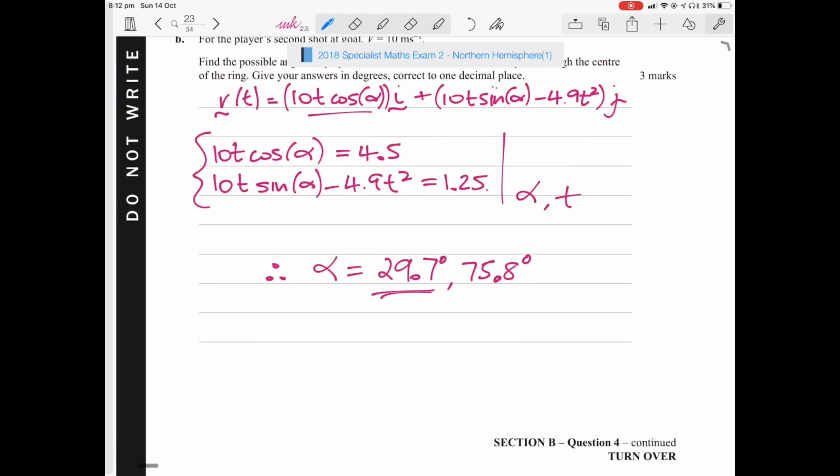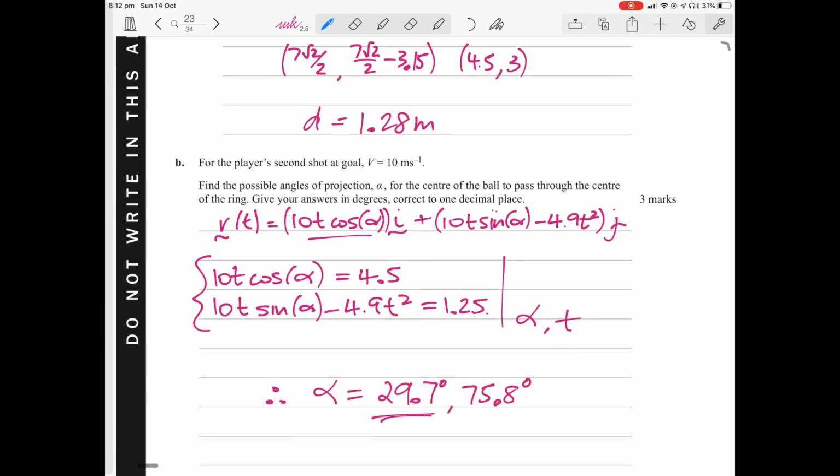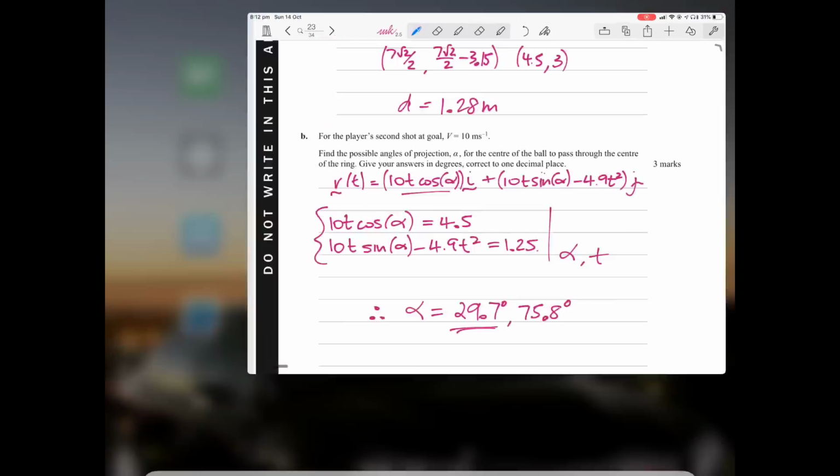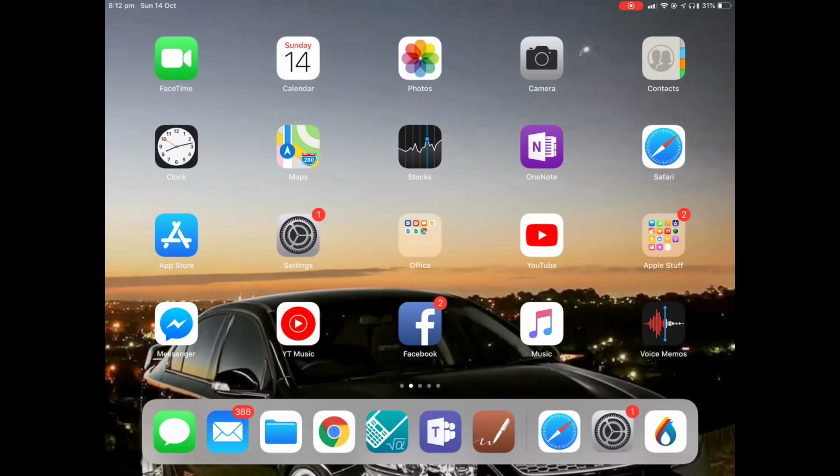Oh, I stuffed it up. So it should go through 4.5. Maybe it's because of t.